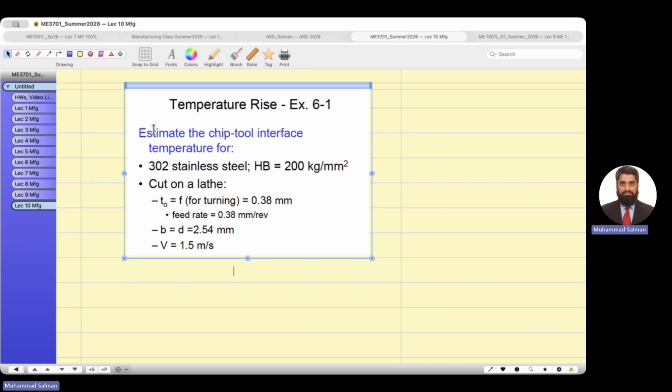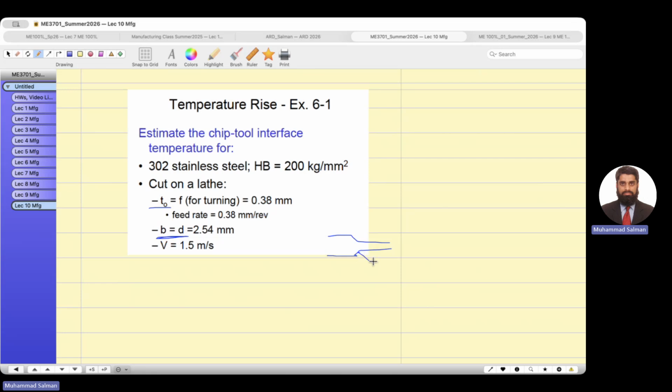The feed is known as the thickness of the chip, and the width is the depth of cut. You remember it's like turning.